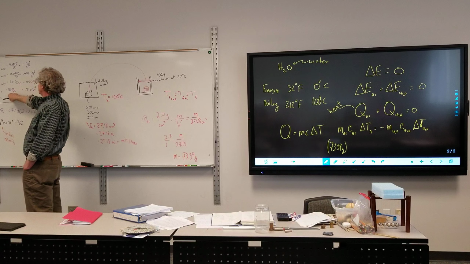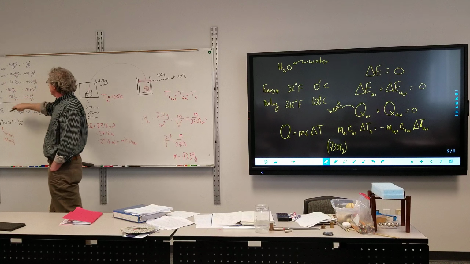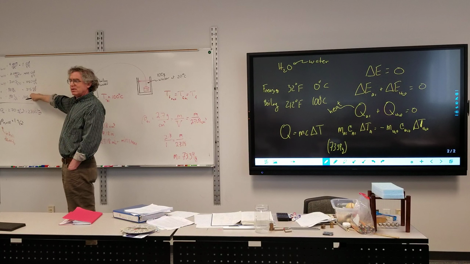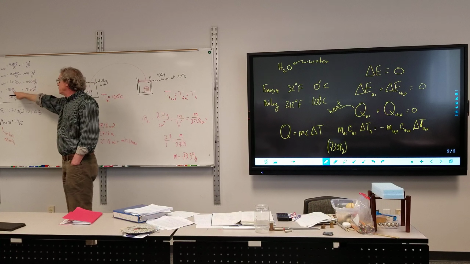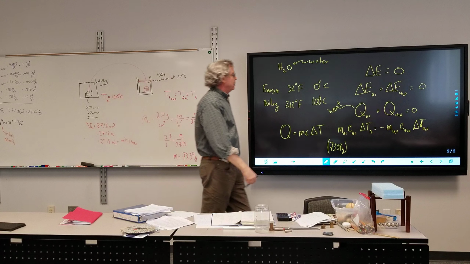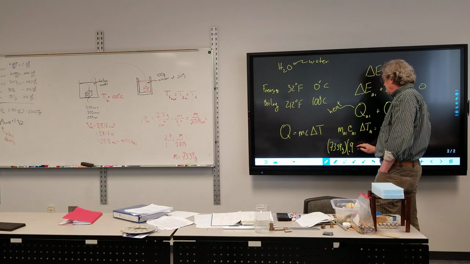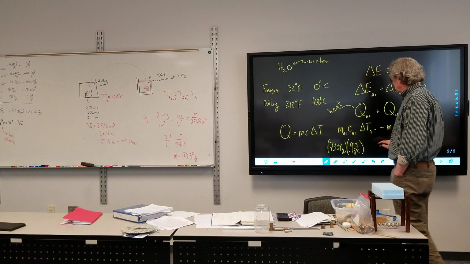I have it here in terms of joules per gram degrees Celsius, and here in terms of calories per gram degrees Celsius. Which one do you want to do? Joules. I heard joules. All right, so 0.9 joules per gram degrees Celsius times the change in temperature.